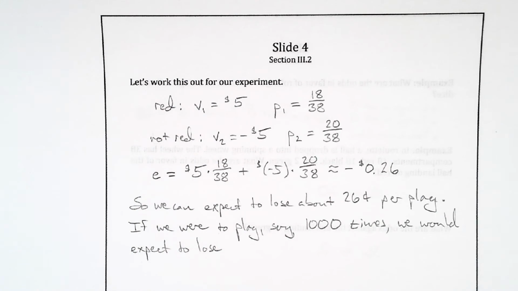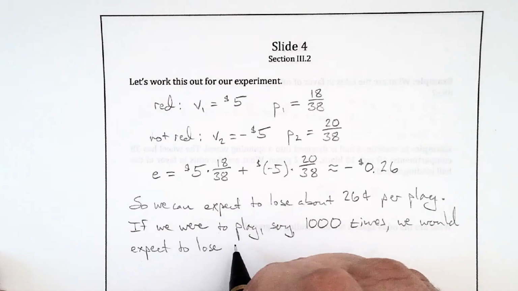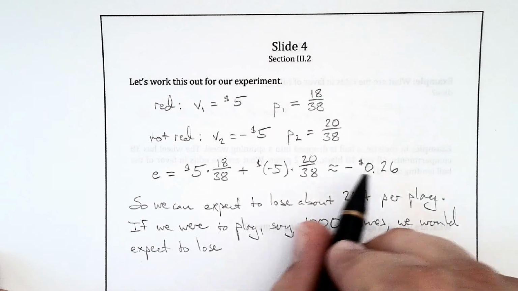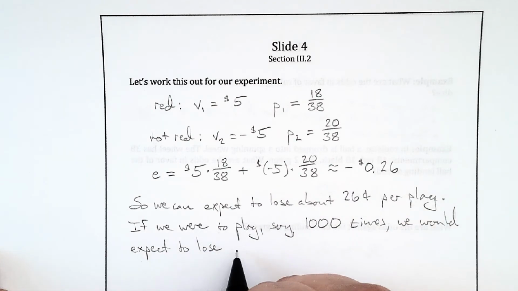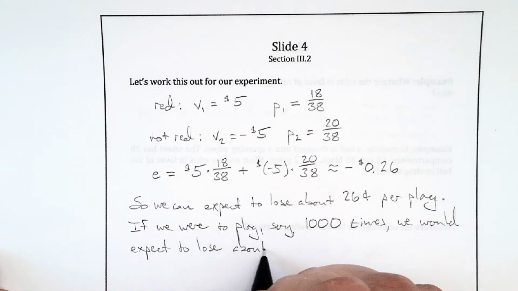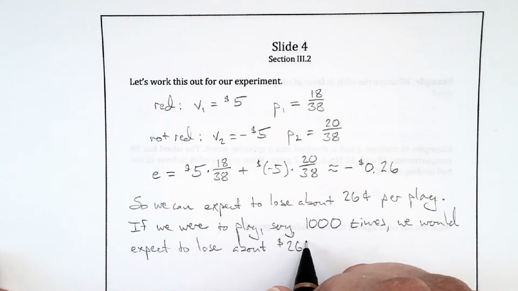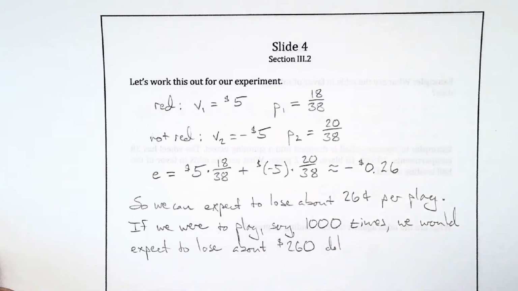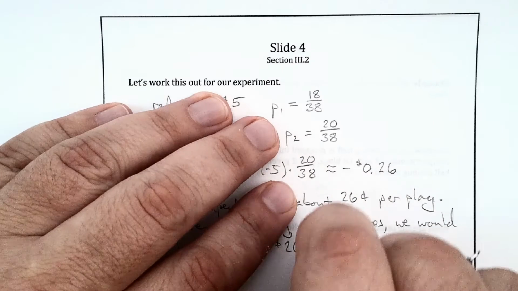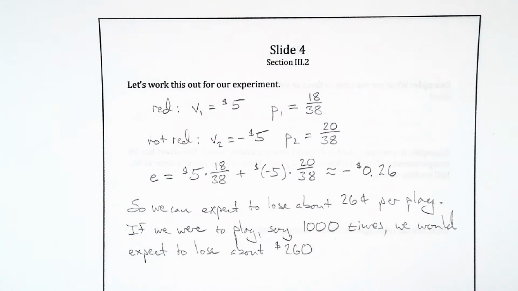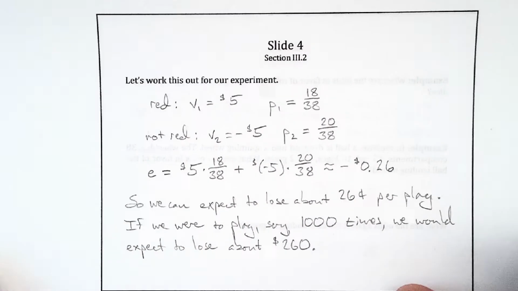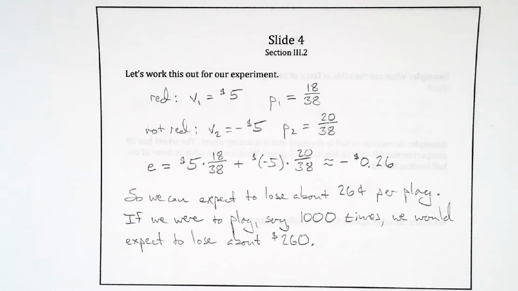So about $263. And I'm multiplying the exact amount by that. So let me just say about $260. To be exact, it's 263.16. But we can just round it at that. 1,000 times the 26 cents.